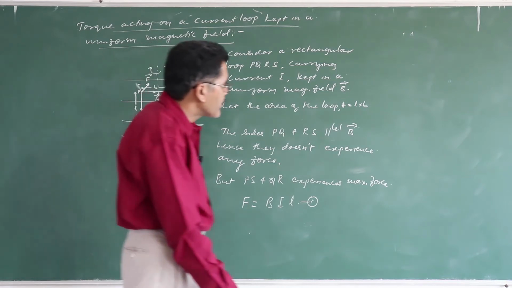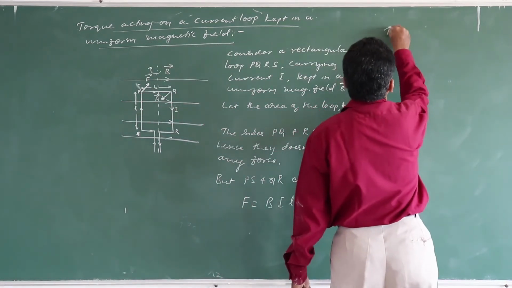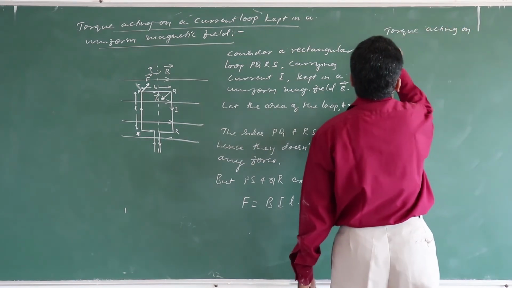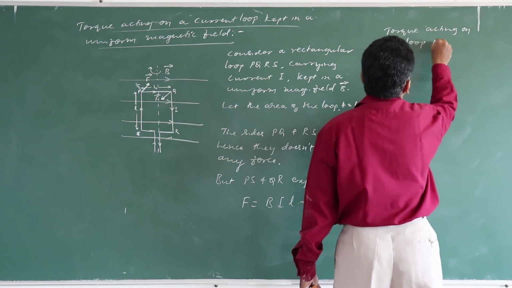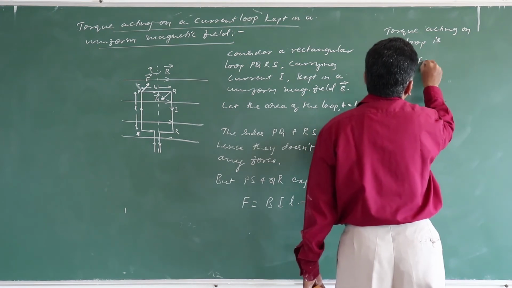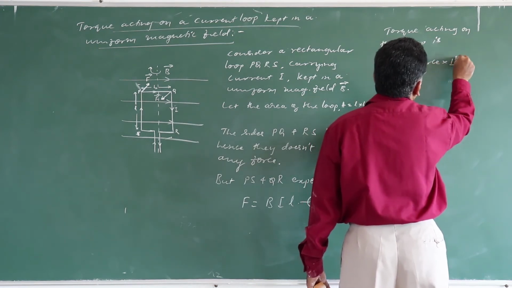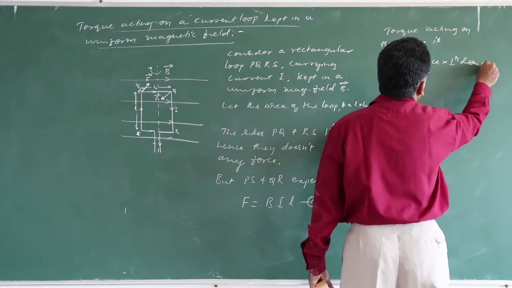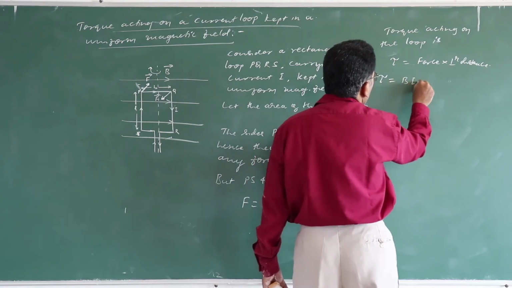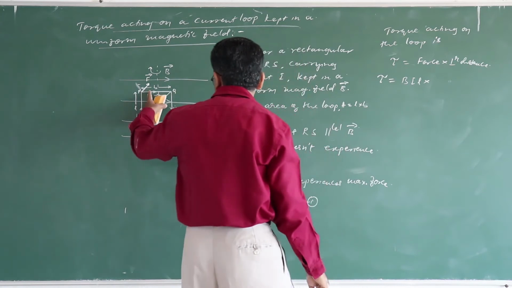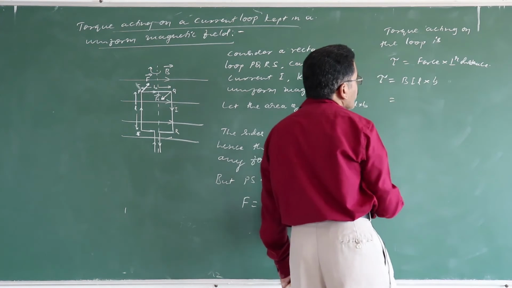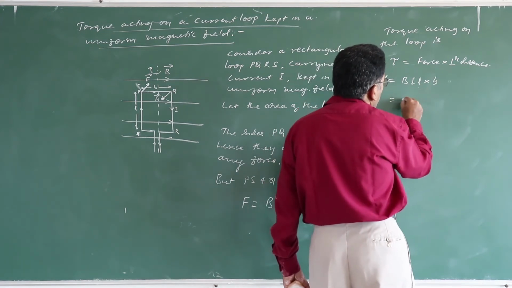The torque acting on the loop is equal to force into perpendicular distance. Torque is equal to force, which is B into I into L, and the perpendicular distance here is the breadth B. L into B gives you area.